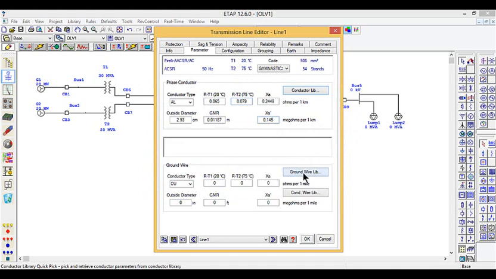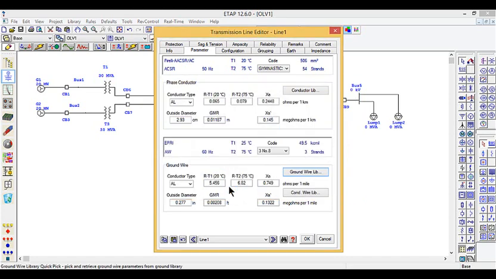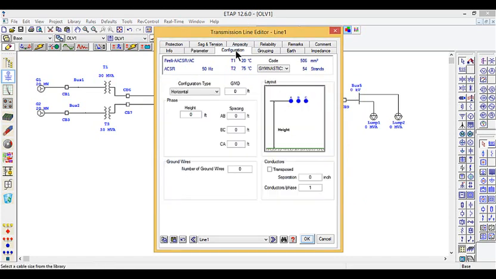Next we want to select the ground wire library, and I have selected number 8 ground wire. Here the metric system is not available. Now we move on to the configuration tab. There are different configurations available. Horizontal configuration is this one, as you can see, and then we have the vertical configuration.